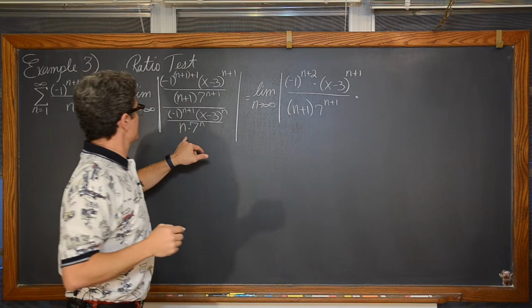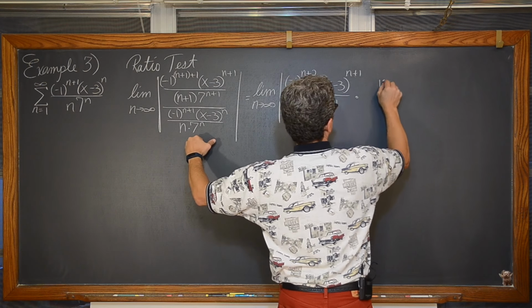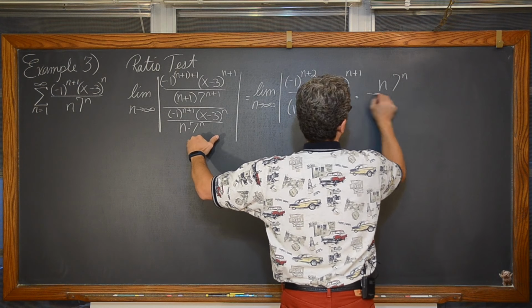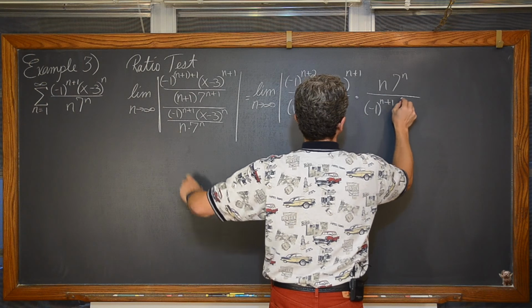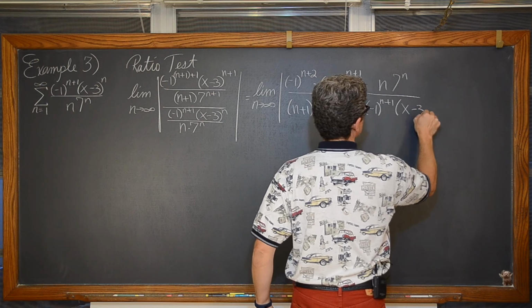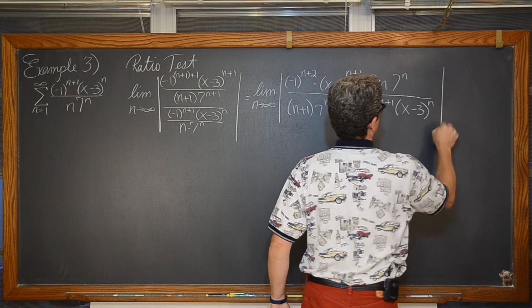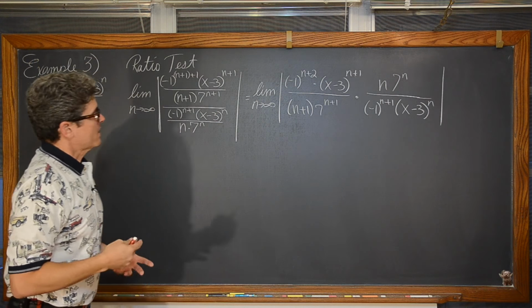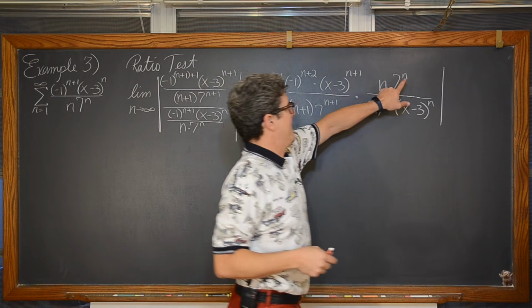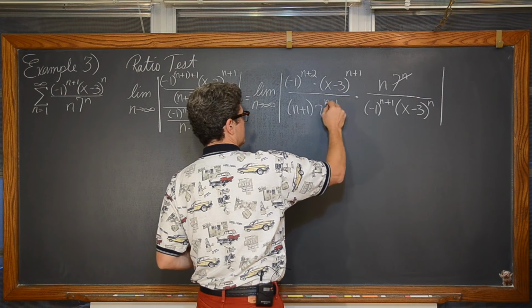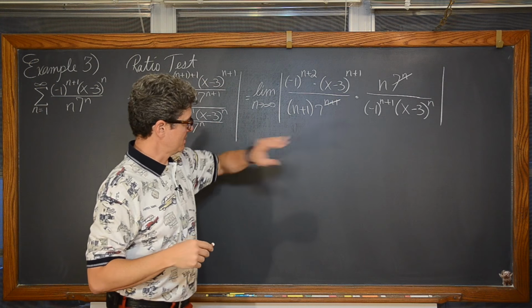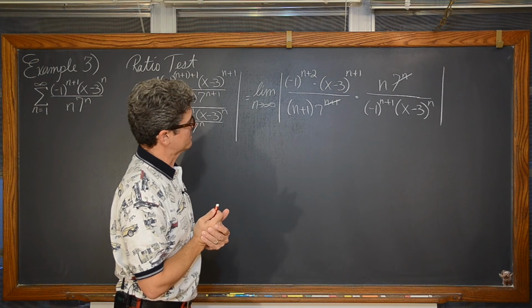Multiply that by the reciprocal of the denominator. We have n times 7^n over (-1)^(n+1) times (x - 3)^n. Okay, so we have n sevens in the numerator of our second fraction and n plus 1 sevens in the denominator of our first fraction, leaving you with one factor of 7 in the denominator.